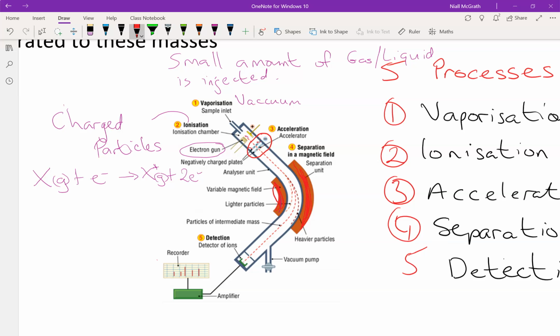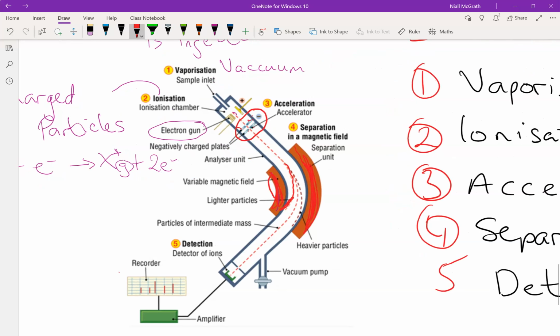Lighter particles are deflected much more easily, so when they reach the electromagnet they will be deflected quite easily and maybe collide with the side of the mass spectrometer. Some of your ions, one particular isotope of that element, will reach the detector, and we'll come on in a second to the mass spectrum. The heavier particles are much more difficult to deflect, so they won't be deflected as much, and they will collide with the other side of the mass spectrometer.